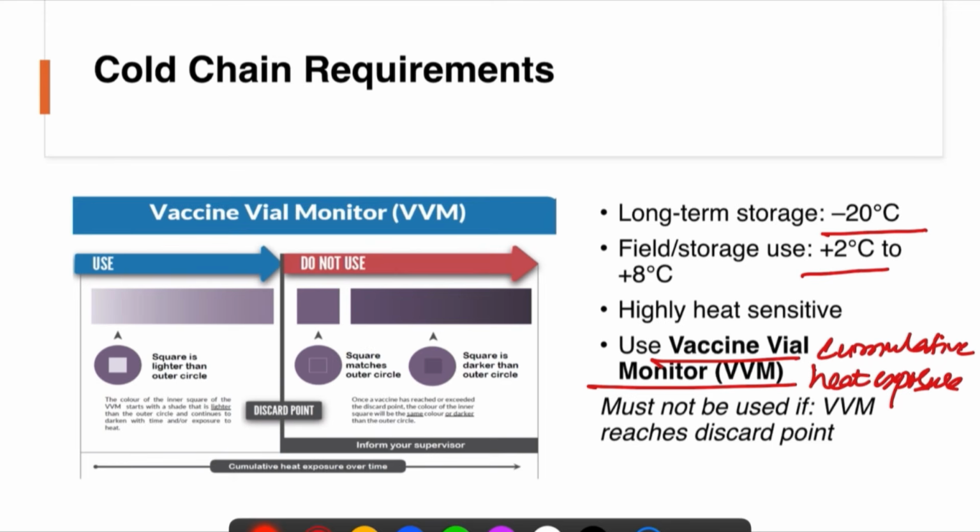So we must not use the vaccine if the VVM reaches the discard point. Discard point means when the square and the outer circle color matches, or the square is darker than the outer circle. In these conditions, we will not use the vaccine.